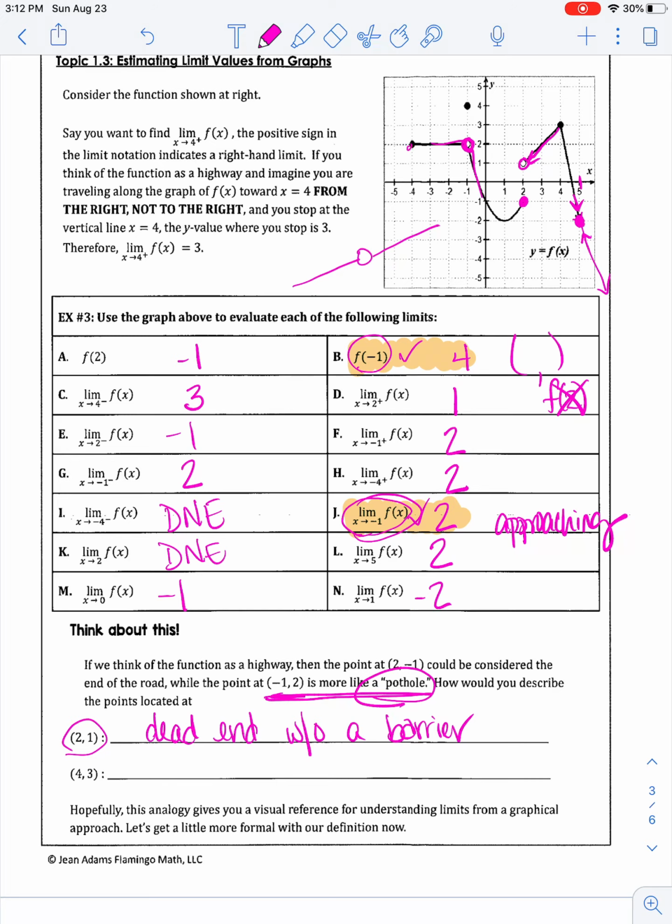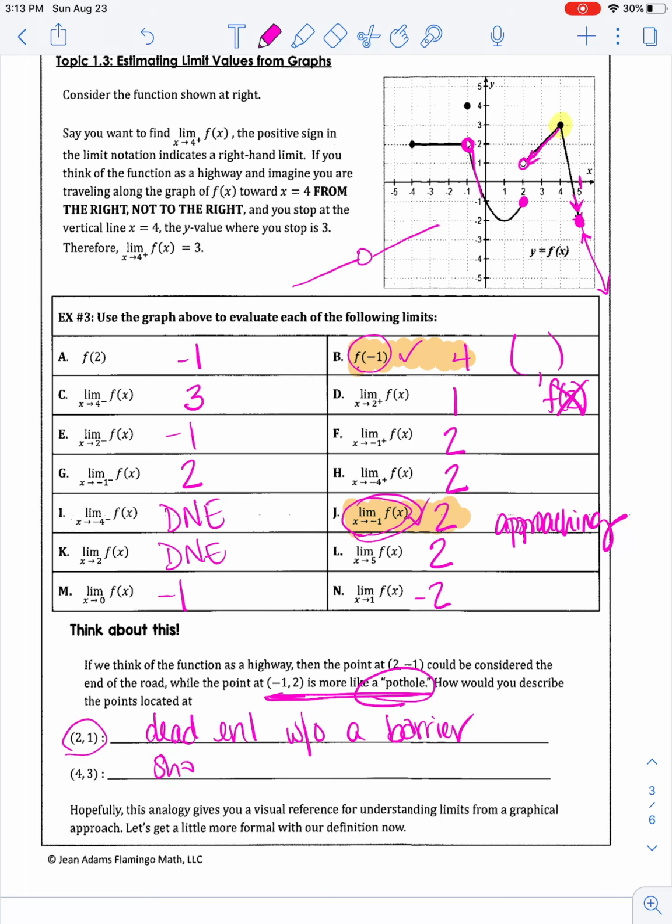The point 4, 3, that's this guy, he's a dead end. Oh, that's not the point 4, 3. Let's see. The point 4, 3 is this guy. So that guy isn't a pothole.